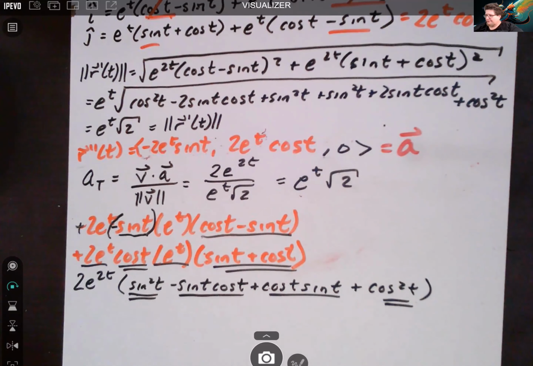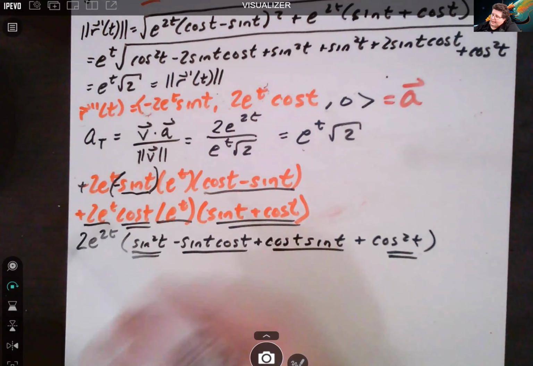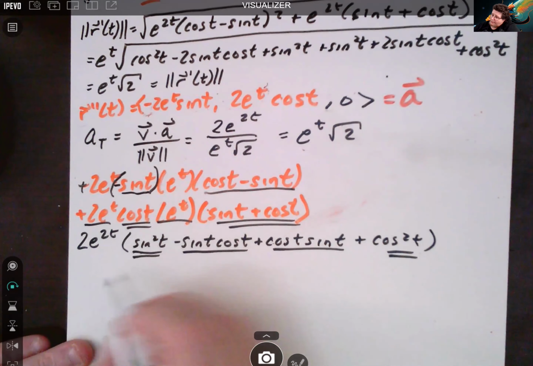Yeah, we don't have time to do V cross A. But there is a shorter way to find AN when you're short on time.